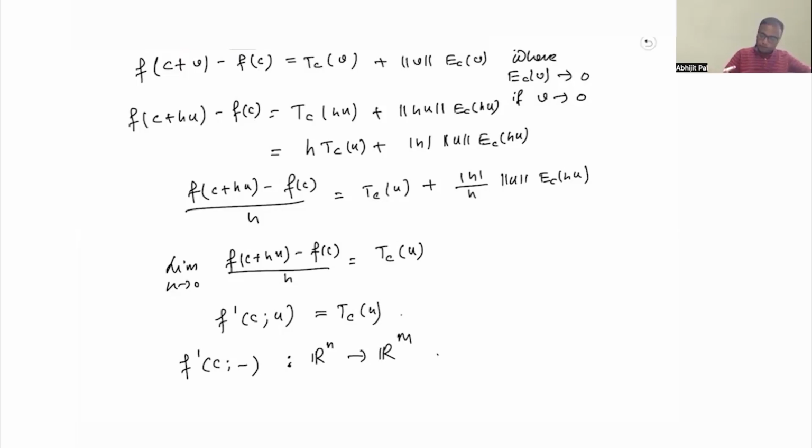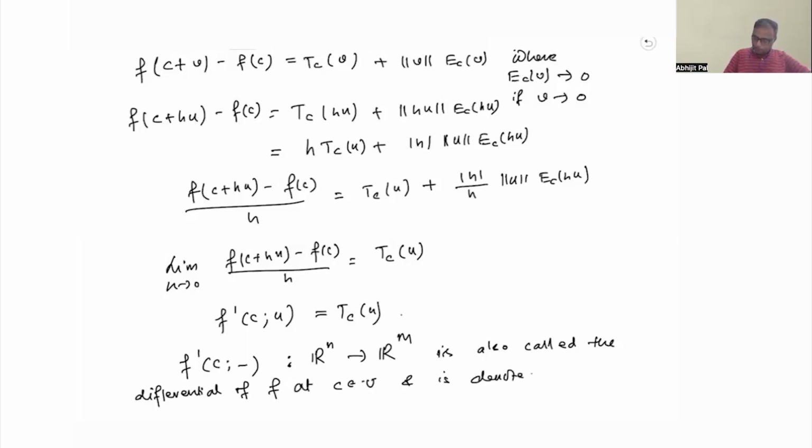This f prime c is also called the differential of f at the point c, and is denoted as df. So df at the point c evaluated at the point u is equal to f prime c u.